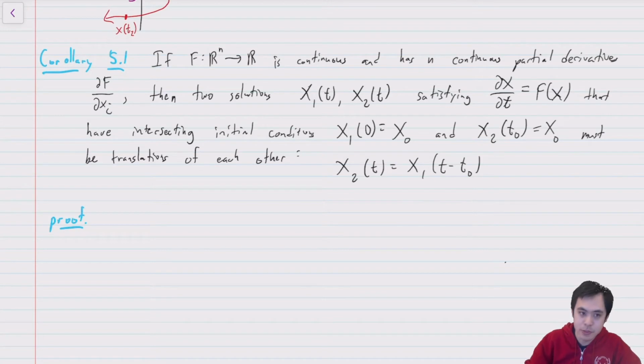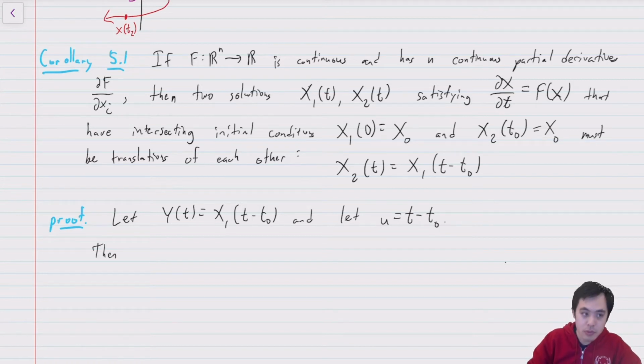And this proof is pretty straightforward. It's just a matter of pushing through with some substitutions. Let some function y of t be equal to x1 of t minus t naught, and let u be equal to t minus t naught. Then what do we have?